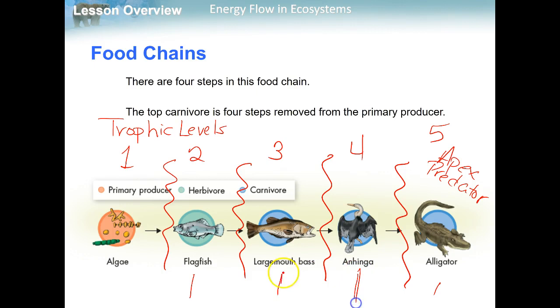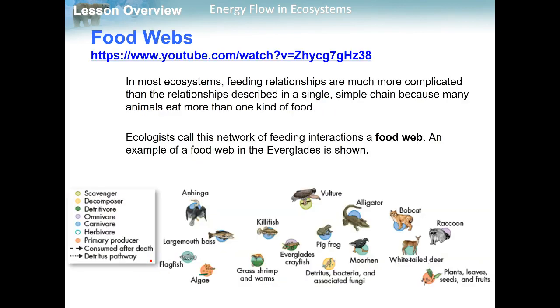You would tell me 1, 2, 3 steps away. But when I ask you what trophic level does it feed at, it feeds at the 4th trophic level. And that can be a little bit confusing because trophic levels, again, are feeding levels. But the steps is whatever we pinpoint as our ultimate beginning for that.